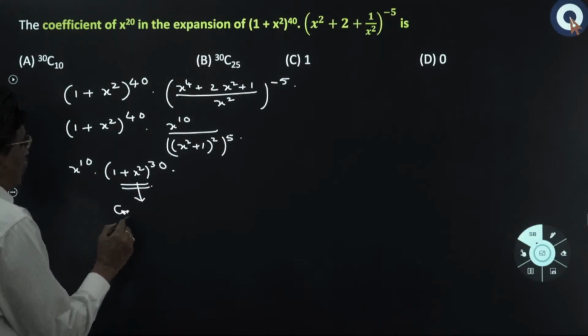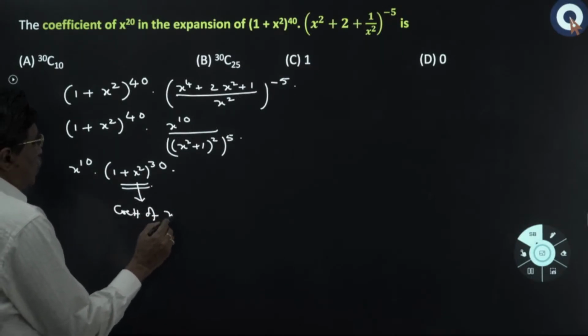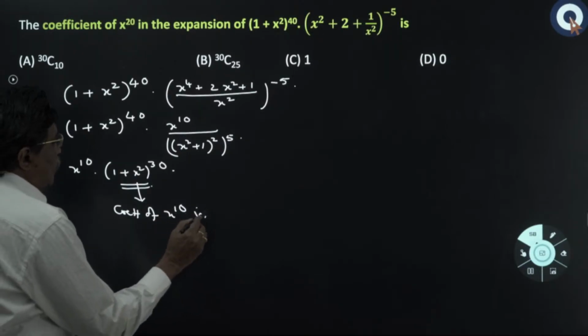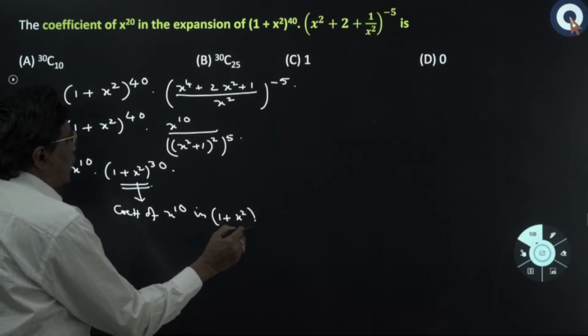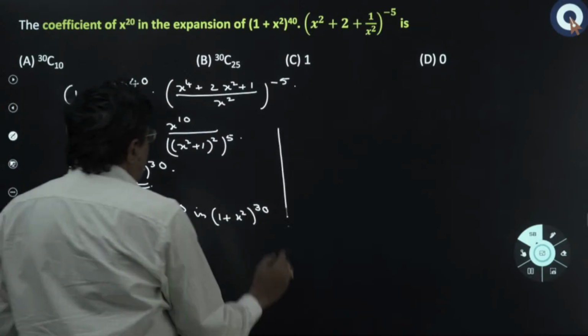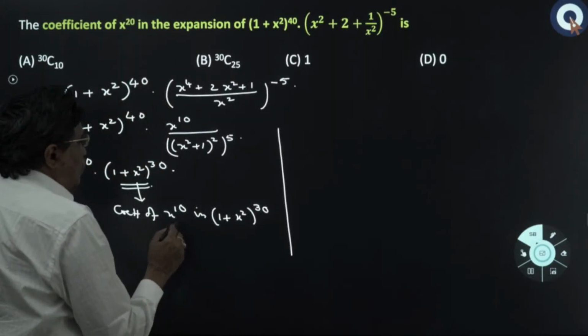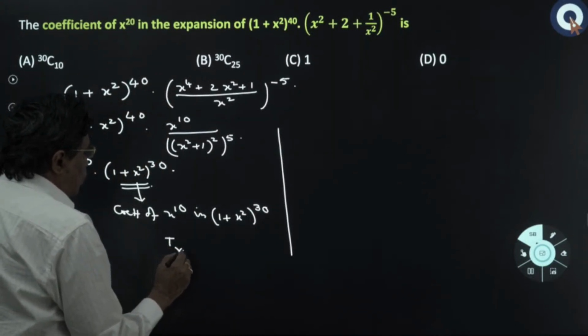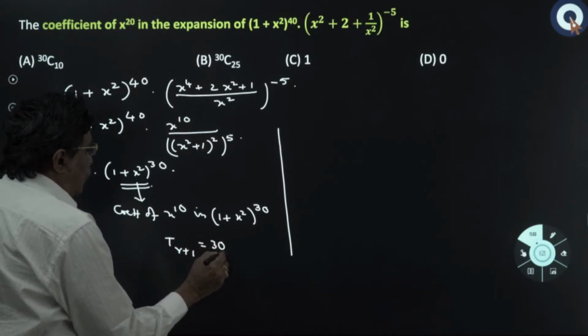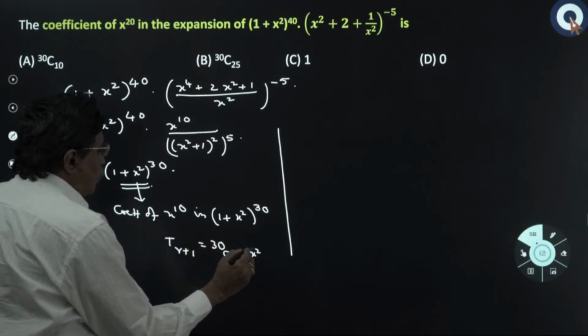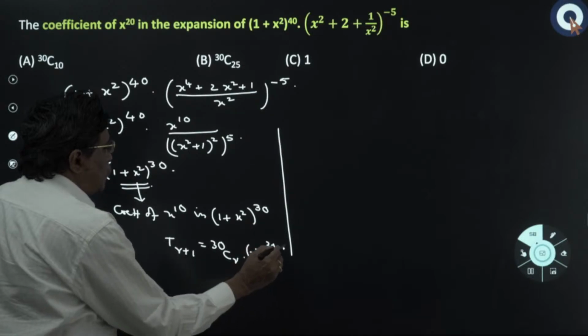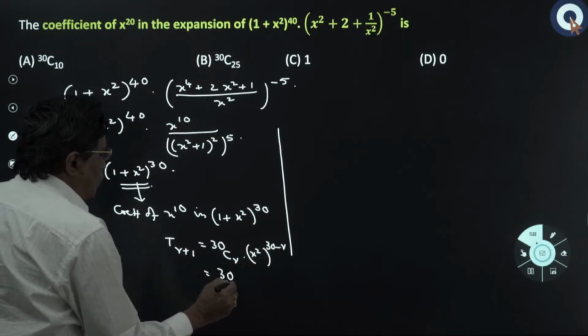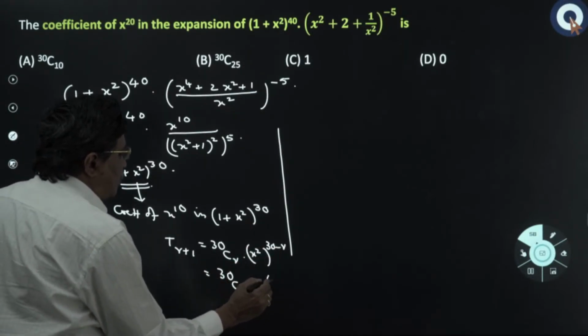So, coefficient of x to the power of 10 in (1 plus x square) whole power 30. This is what we want. The general term T(r plus 1) here is 30Cr (x square) whole to the power of 30 minus r. So, that means 30Cr x to the power of 60 minus 2r.